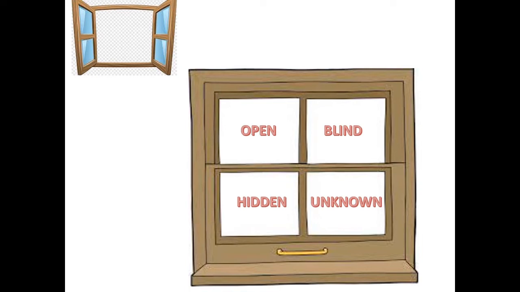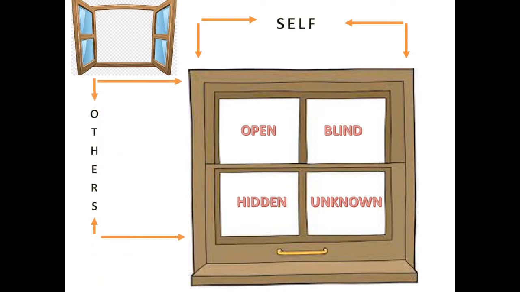Now further, the window is derived and described by the self descriptor at the upper horizontal line and others at the left vertical line. Now these two will intersect and they will be further described as known at the left and unknown at the right as per the descriptor self. That means you.